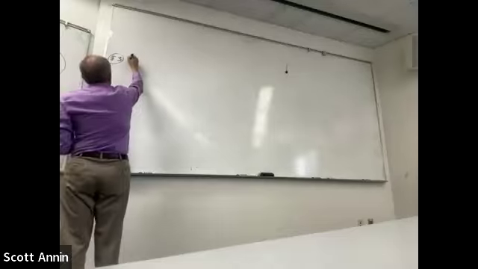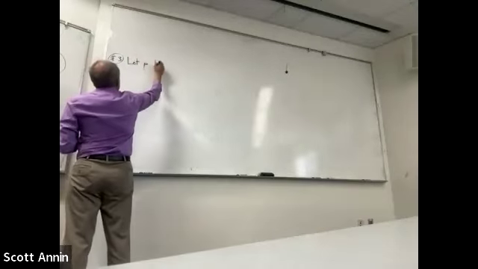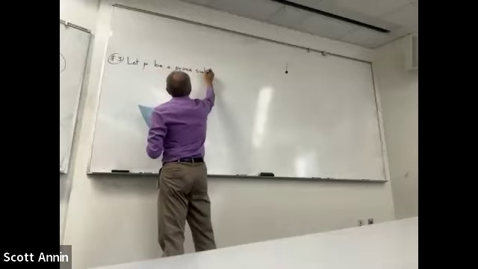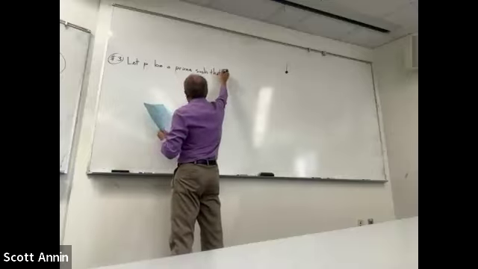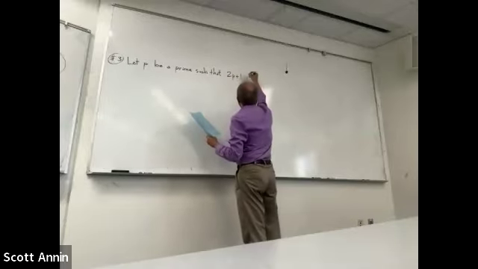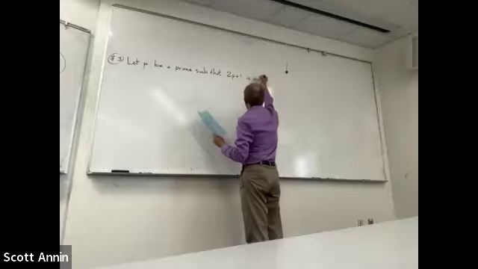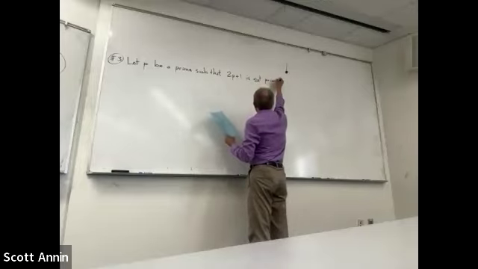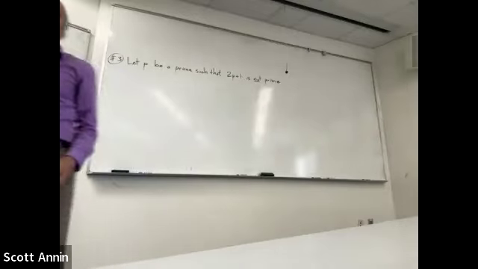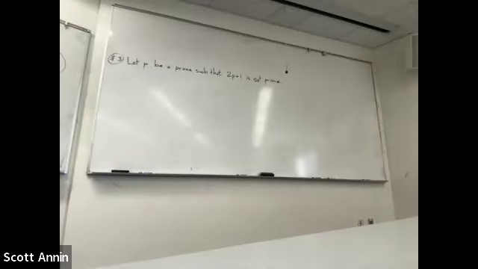Let P be a prime such that 2P plus 1 is not prime. So we'll start with a prime number, but after you double it and add 1, you don't have a prime.